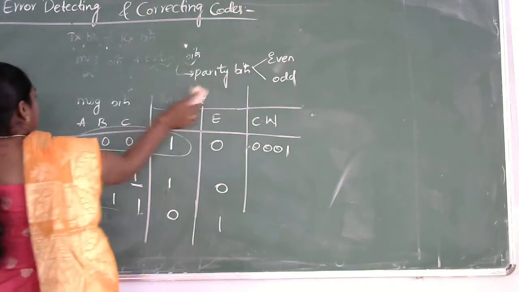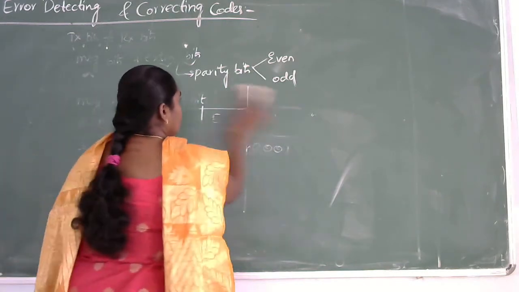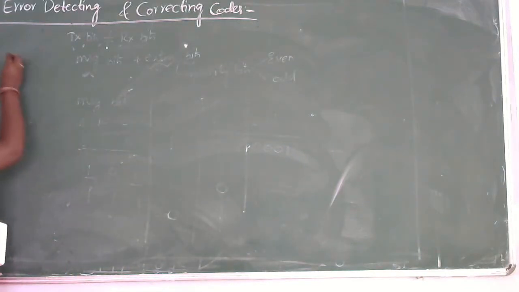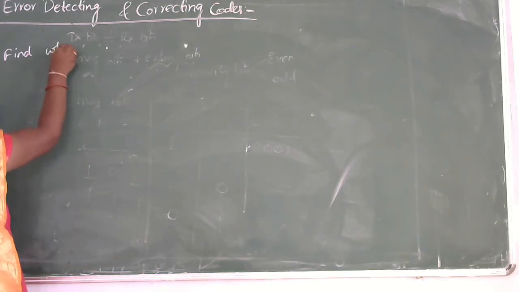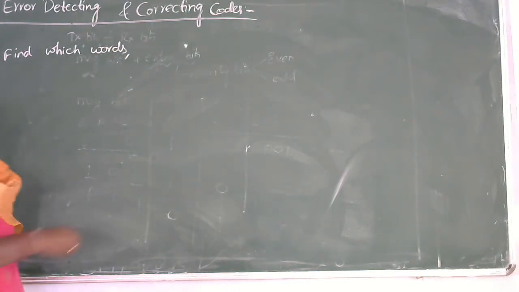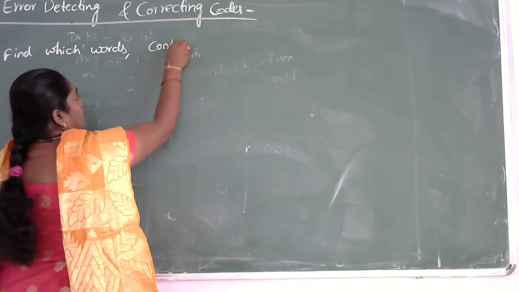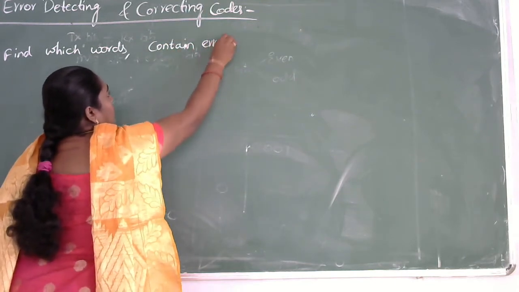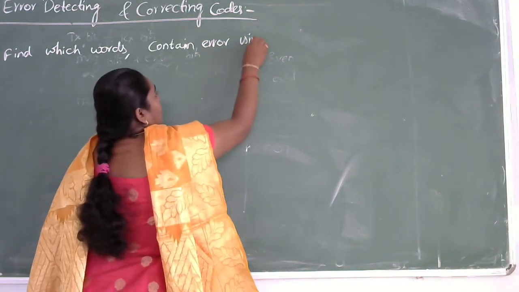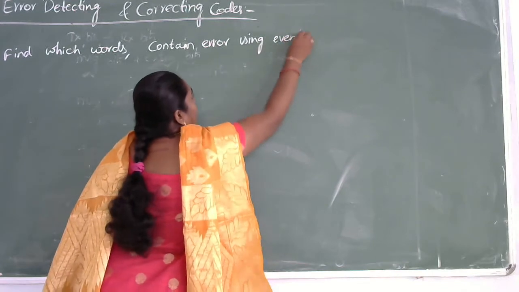That is, the question is to find an error using the parity bit, assuming even parity.